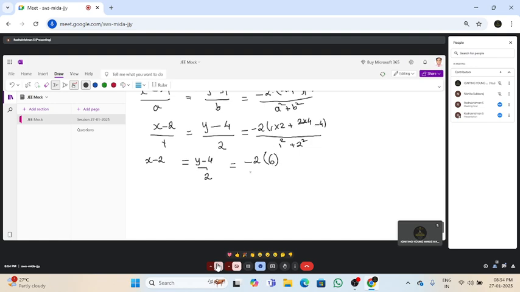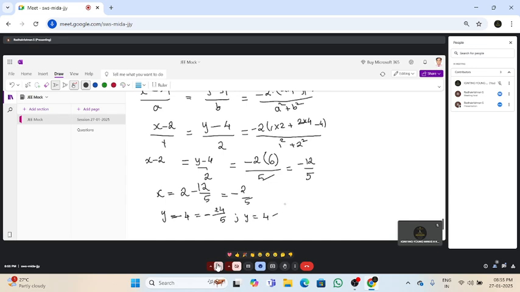Minus 4 is 6. x is equal to 2 minus 12 by 5, which is minus 2 by 5. y minus 4 equal to minus 24 by 5. y equal to 4 minus 24 by 5.